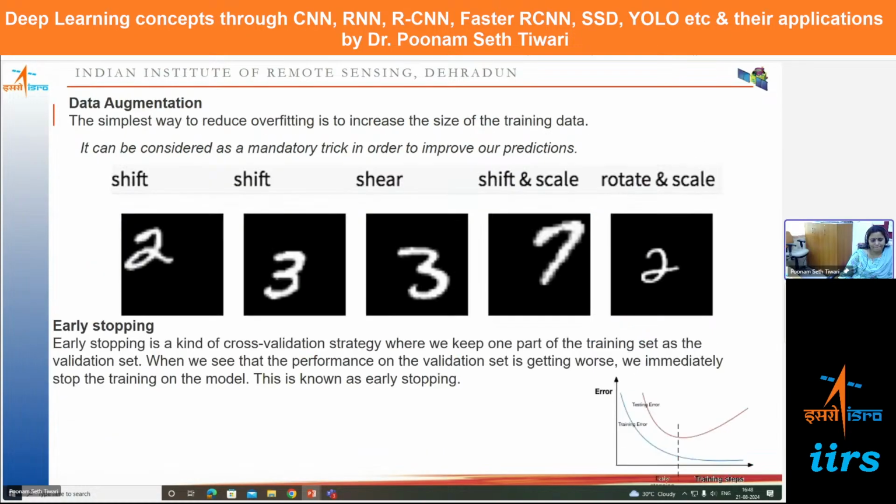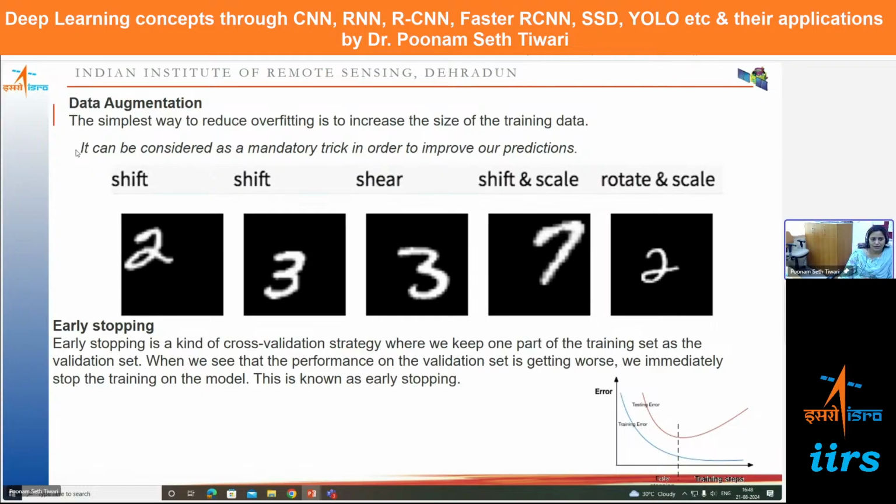Now, it is not always possible to have a large amount of training data. So there is a step, that is data augmentation. It is the simplest way to reduce overfitting, by increasing the size of the training data. Augmentation can be done by rotating, changing the scale, shear.